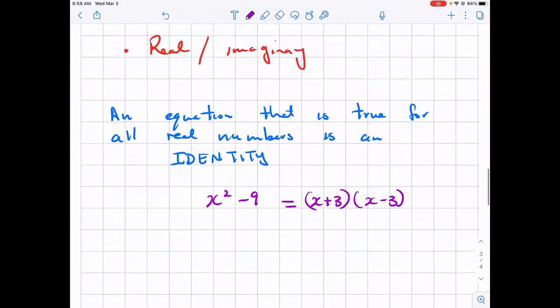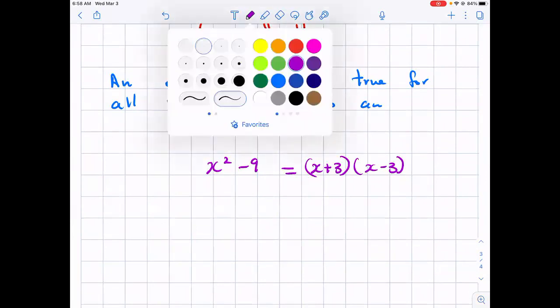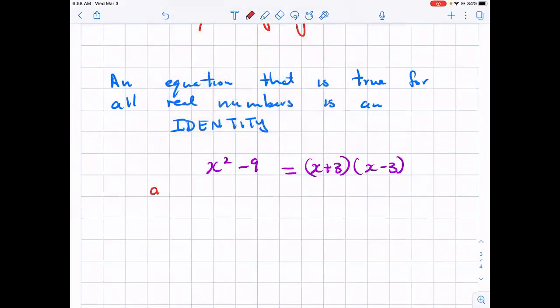No matter what value you choose for x, the left side will be equal to the right side. Any value of x will make this true.